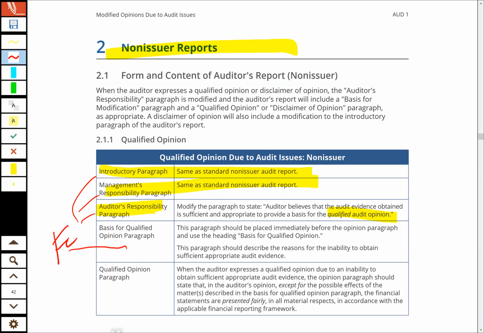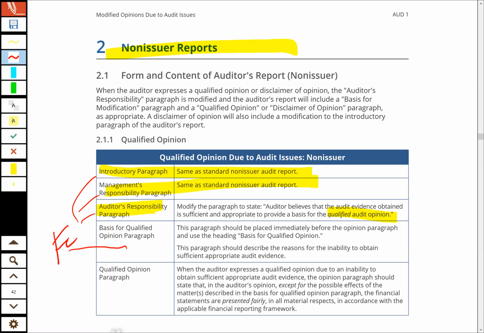So the structure of the report is exactly the same. It's the content of the basis for your qualification that's obviously going to change. Instead of it being a GAAP reason, now it's going to be what? A GAS reason, okay?